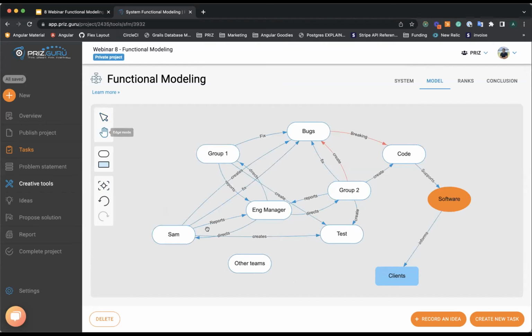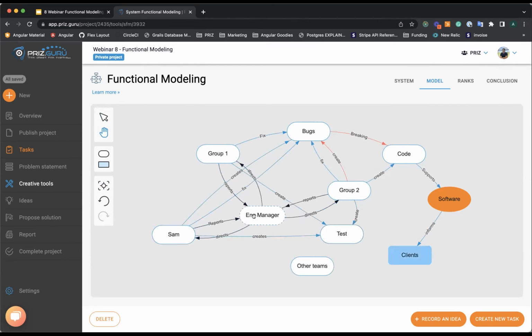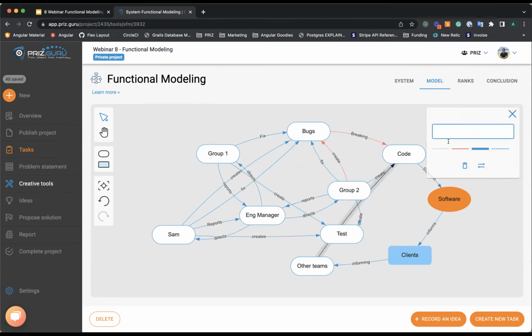Other teams, like product managers and other engineering teams, or even the CEO of the company, and that's a true situation, the clients were informing the teams about different problems, basically complaining, pretty much. Right? Now, other teams were also contributing to the code. That's just how the situation was in the company. They were contributing to code and writing new features.